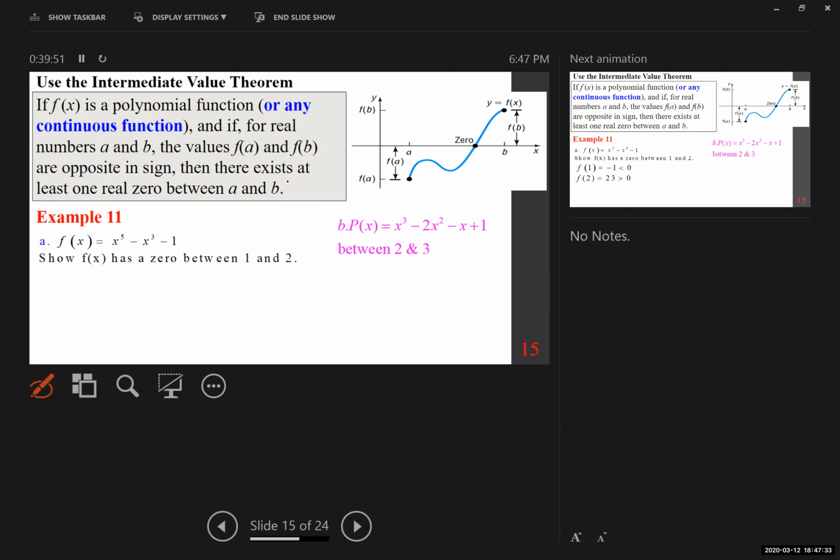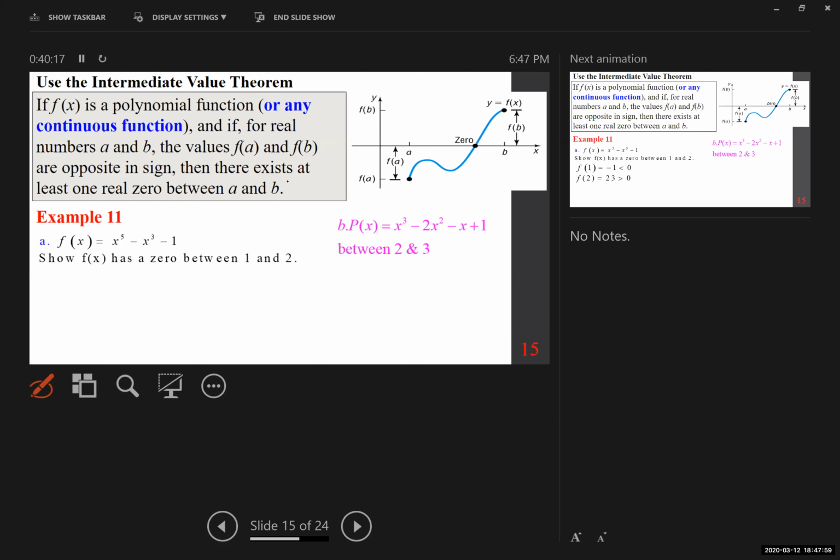One end is B, giving us f of B as the y coordinate. Since the function is continuous, it will cover every point from A to B on the x-axis. It must cover every point along the y-axis from f of A to f of B, because it's continuous.